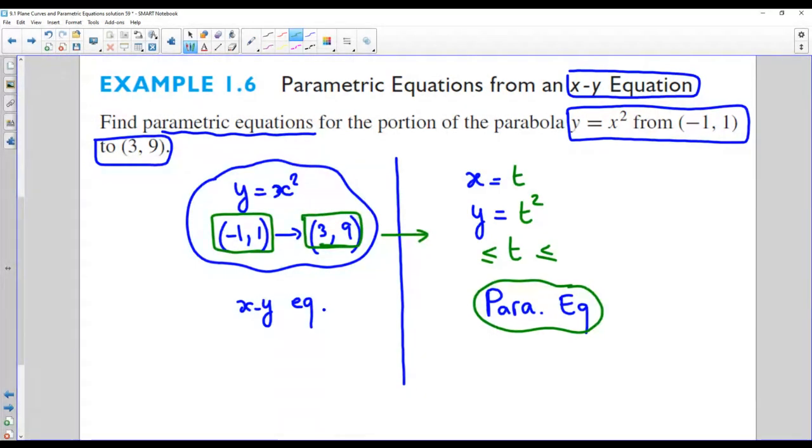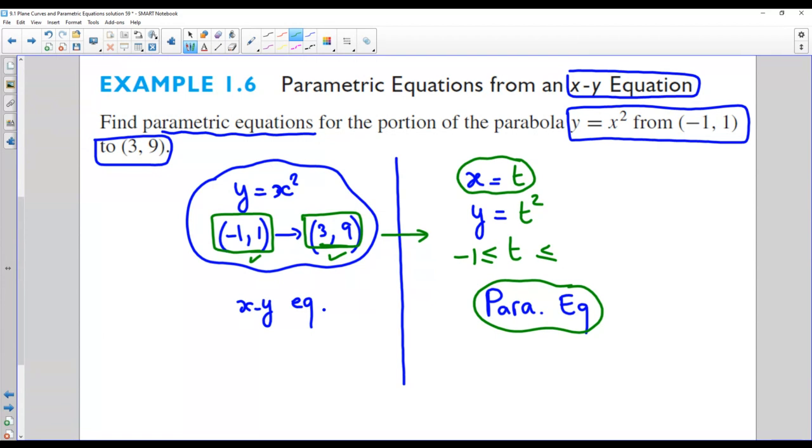We're looking at the parabola only from this point to this point. Now, the first point, what is the value of x? It is -1. So that will be the start for t, because t, remember, is the same as x.